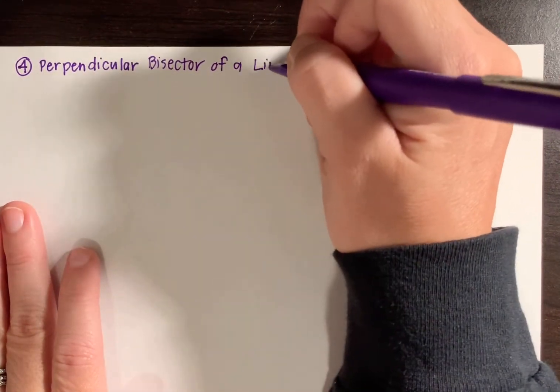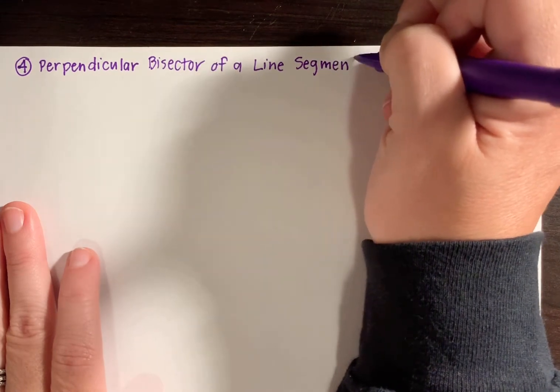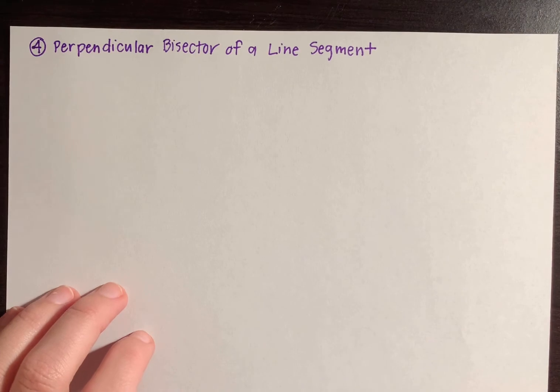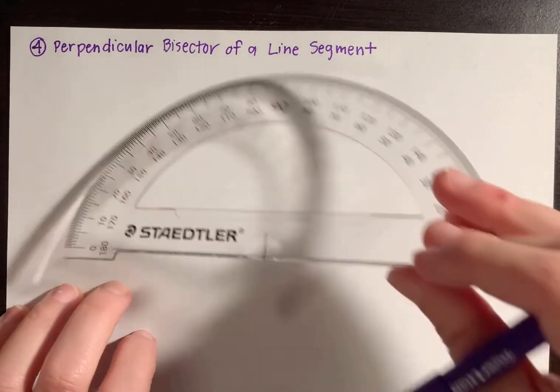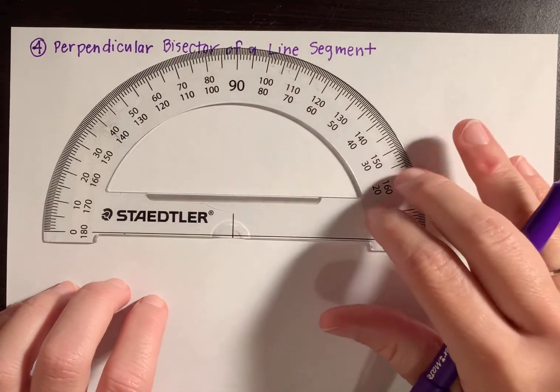Not only are we bisecting the line segment, we're going to make sure we do it at a 90-degree angle because of that word perpendicular. This is one of the easiest proofs, I think, but it does involve a little bit of space. So definitely don't try and squish it on the bottom of your paper.